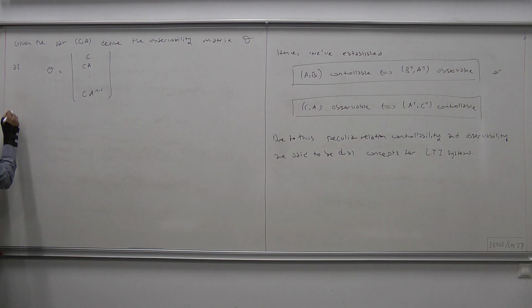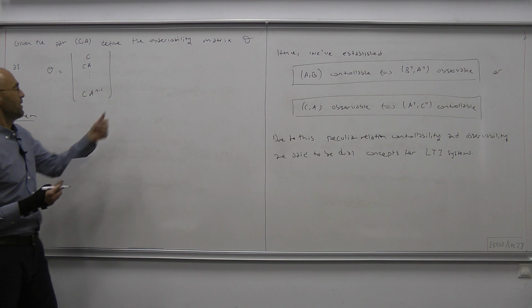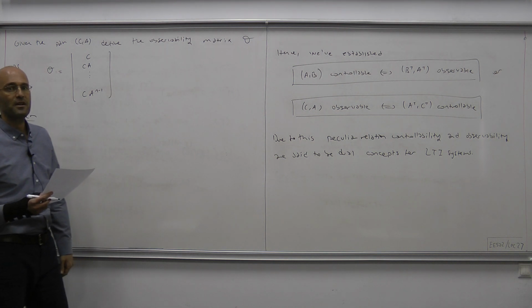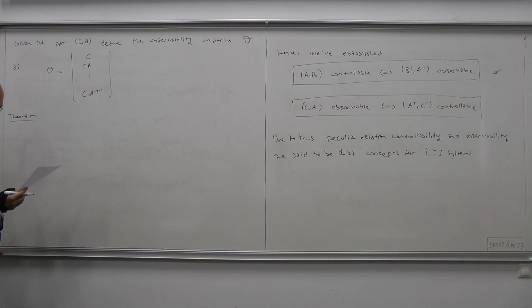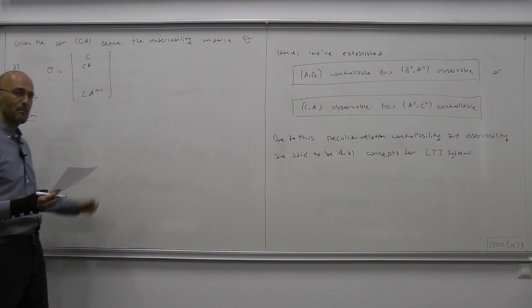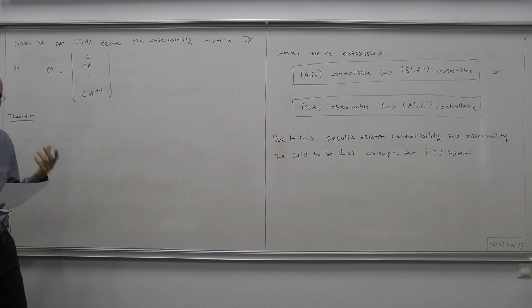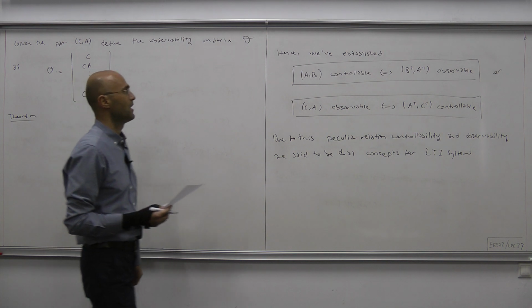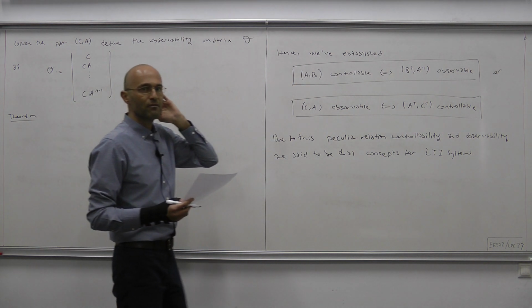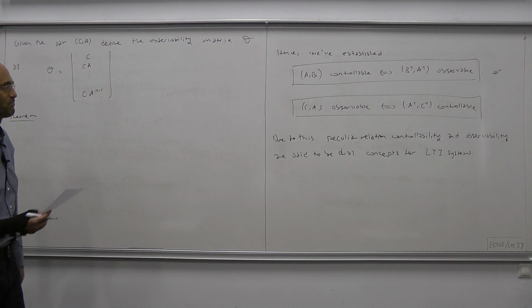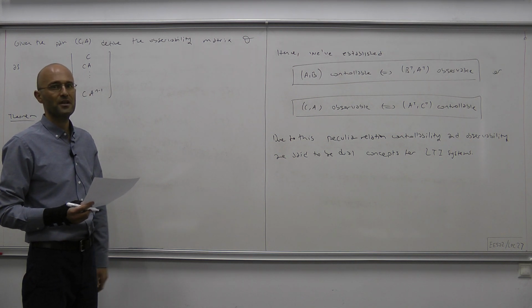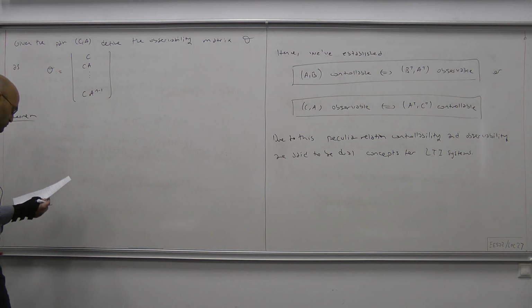Now, here is a theorem that relates this observability matrix to the observability of the system. Remember the dual result: a pair AB is controllable if the controllability matrix is of rank n. Okay, if it's full rank.